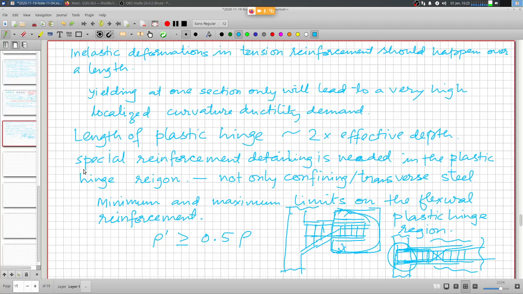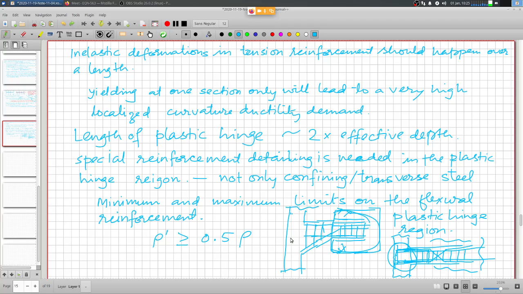One more thing that I mentioned was the shear confining steel is more because of the need to increase the ductility, curvature ductility in the section, then the shear strength requirements. That said, shear strength requirements also need to be adhered to. Of course, it cannot be left on chance.